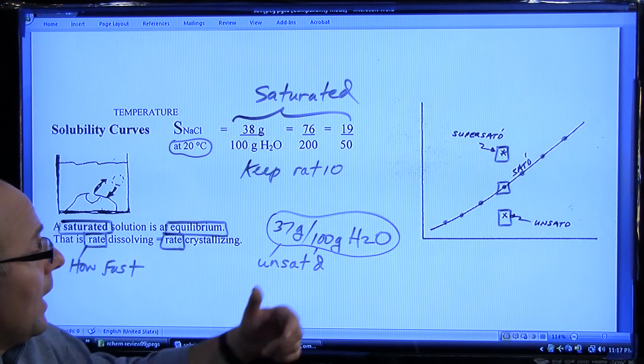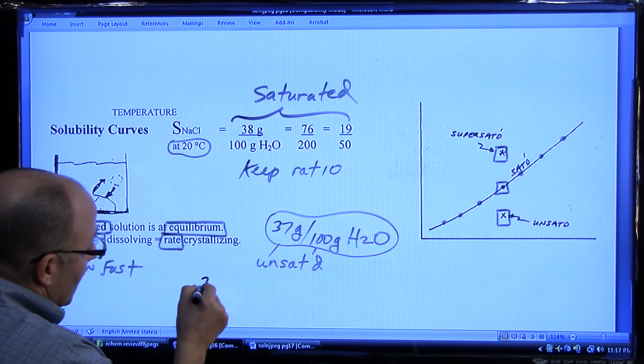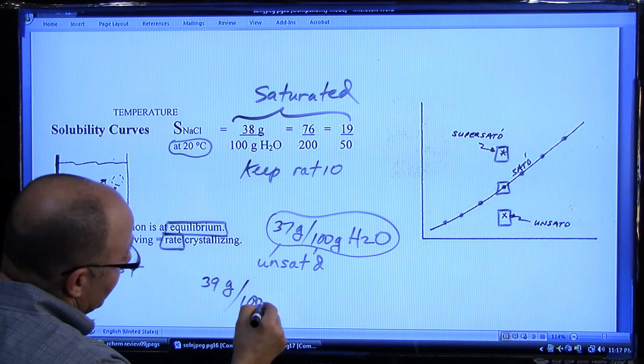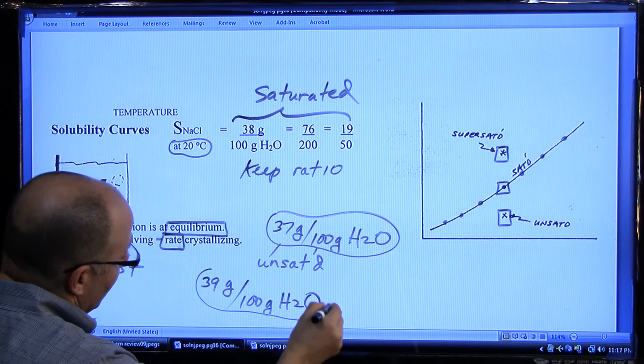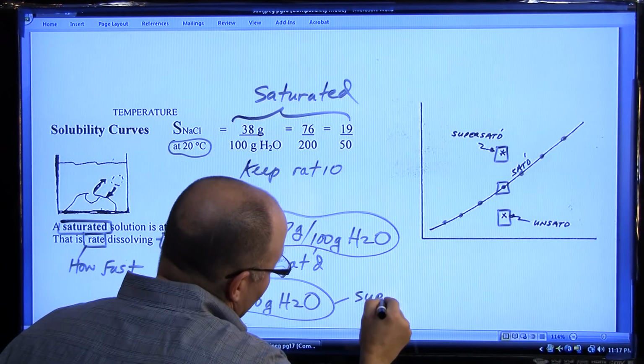And if somehow you were able to exceed that amount, let's say you had 39 grams per 100 grams of water, then that would be a supersaturated solution.